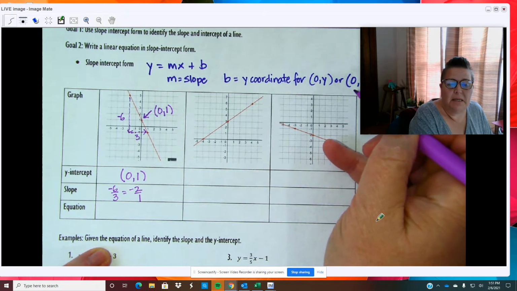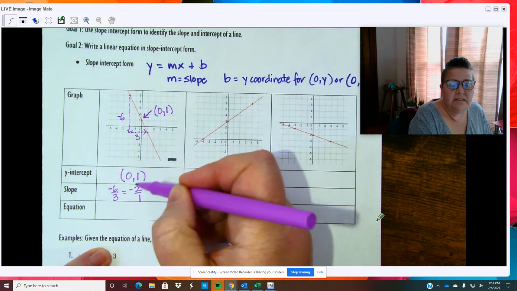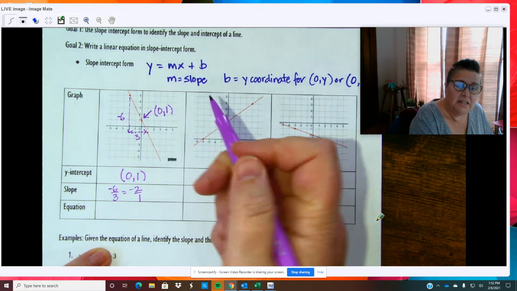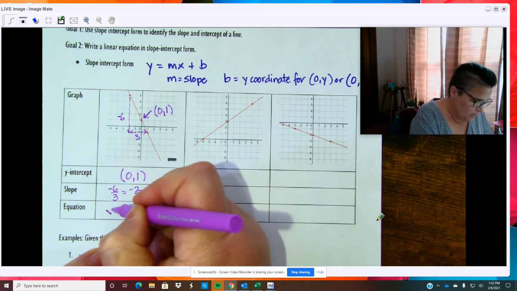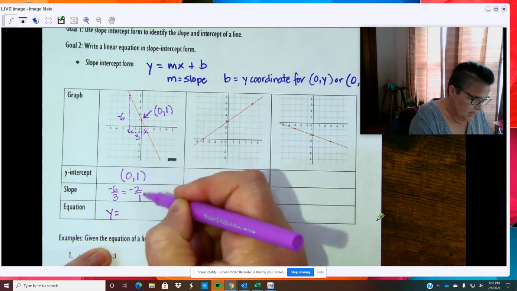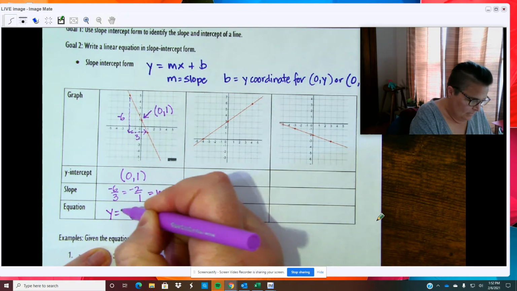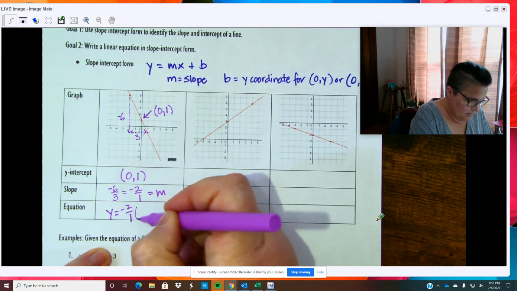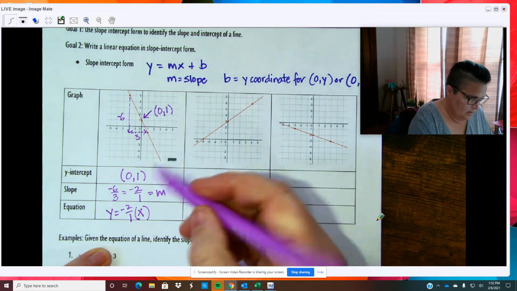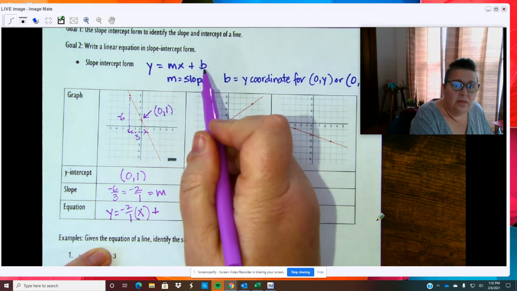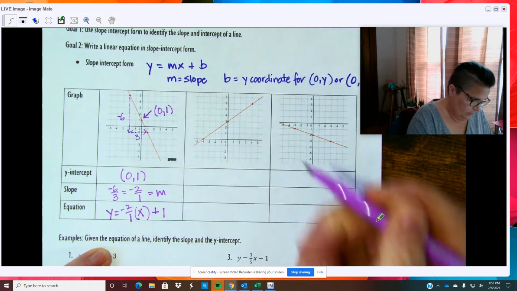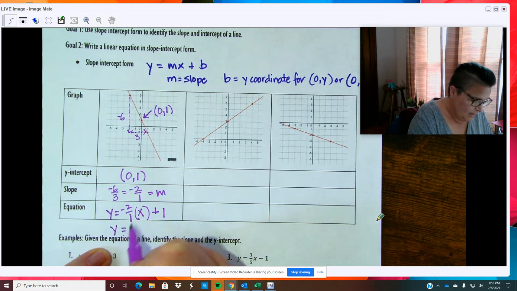That's my 0, b. And this tells me where the movement is. The equation of this line in slope-intercept form is y is equal to the m, negative 2 over 1, times an x, plus the b, or the y-intercept, the 1. If we're going to simplify it a little bit, it's y equals negative 2x plus 1.